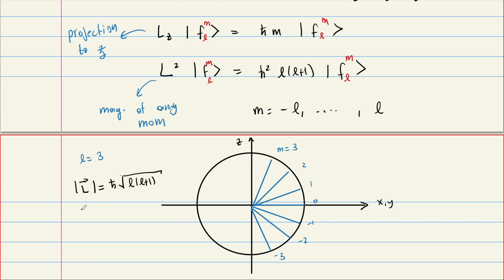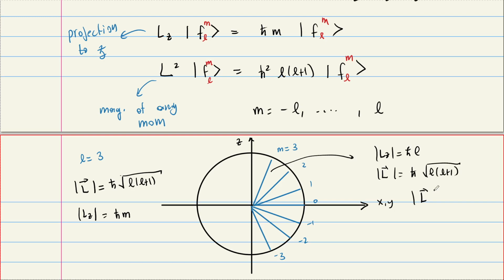And the magnitude of Lz is h bar times M, and this h bar times M changes from minus L to plus L. For example, here, the magnitude of Lz is h bar L, whereas the magnitude of L is h bar root L plus 1. And we see L is always bigger than Lz.